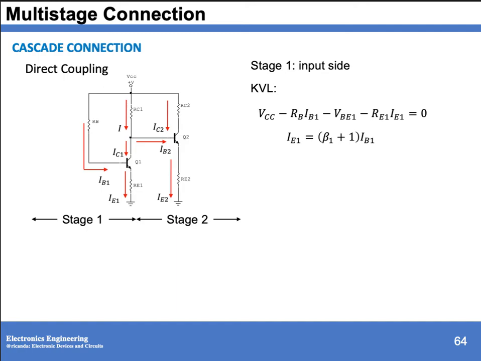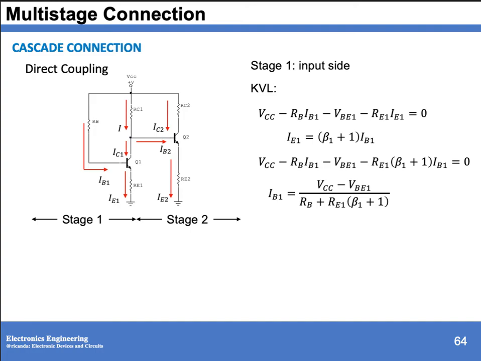Substituting that to your equation, we have VCC minus RB times IB1 minus VBE1 minus RE1 times beta 1 plus 1 IB1 equals 0. Therefore, we can solve for your IB1. It is VCC minus voltage base emitter 1 all over RB plus RE1 times beta 1 plus 1.